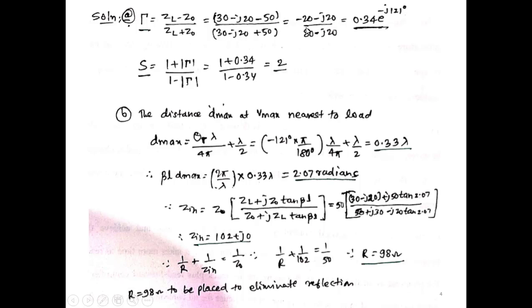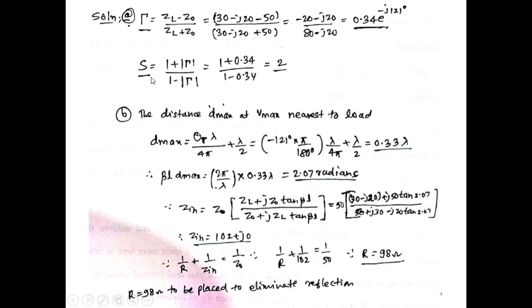If you simplify this, you will get minus 20 minus J20 divided by 80 minus J20. If you convert this rectangular to polar in the numerator and also rectangular to polar in the denominator, and you divide these polar values, you will get 0.35, and the angle is minus 121 degree.